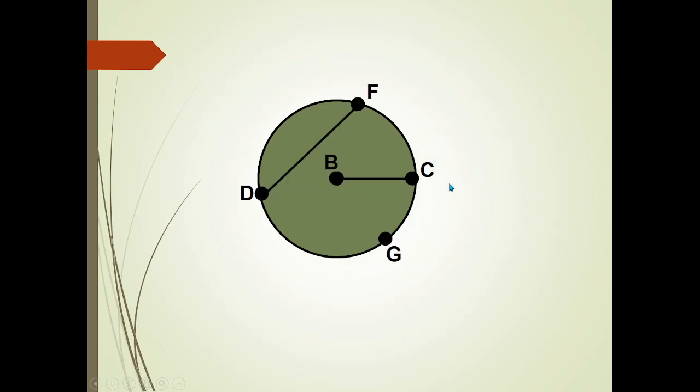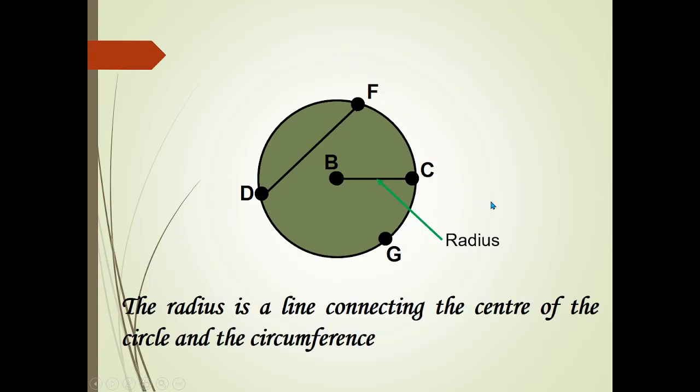Another segment is this one. This is a radius. And a radius is a line connecting the center of the circle to the circumference. And this radius is called line segment BC or line segment CB.